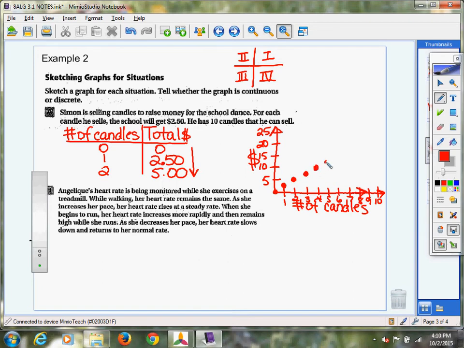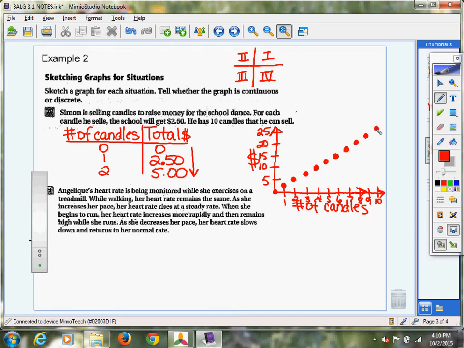And you can see we're developing this pattern as we go up. More money is being made until we get to 10 candles, where we're going to have $25 made for the school.